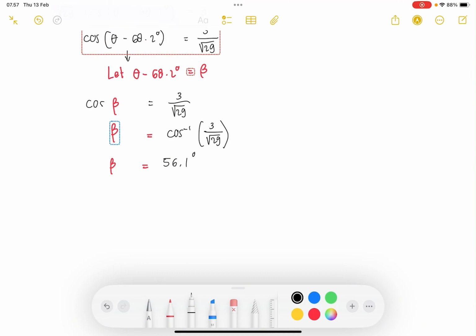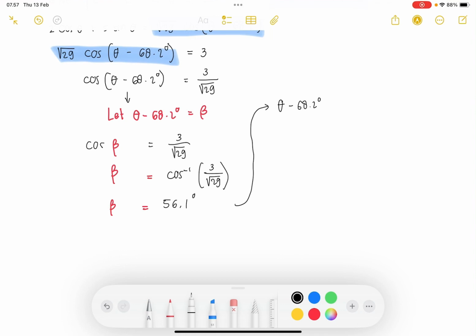It is not. What should we find then? The theta. That's why we need to change the beta back to the original form. So we change it back into theta minus 68.2 degrees, which will equal 56.1 degrees.